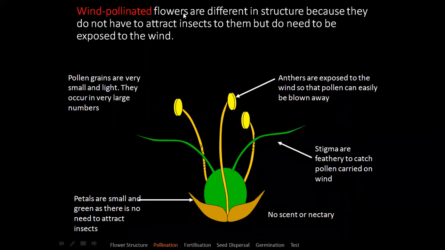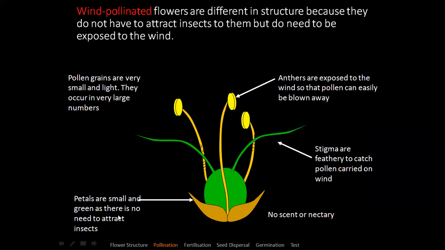Now, wind-pollinated flowers are different in structure because they don't have to attract insects, but do need to be exposed to wind. So the first adaptation: there is no need to attract the insect, so petals are small and green.